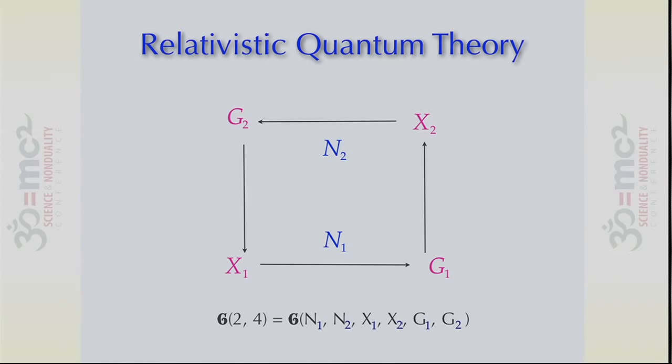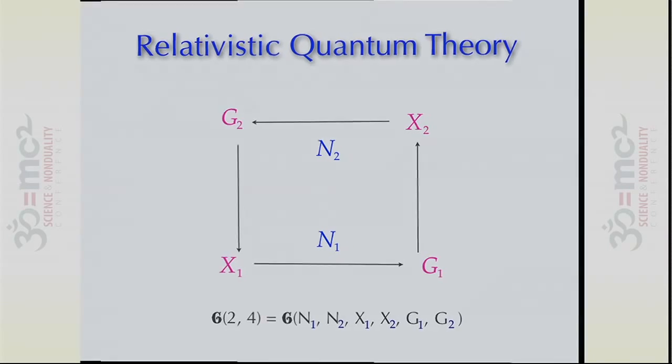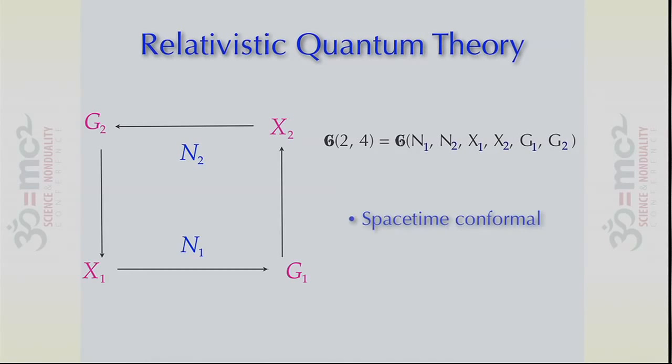It turns out when you look at this that you can write down what's called a geometric algebra, G(2,4), where N1 and N2 have positive signature in the algebra, and the other variables, the X's and G's, have negative signature. And this is the geometric algebra of conformal spacetime.